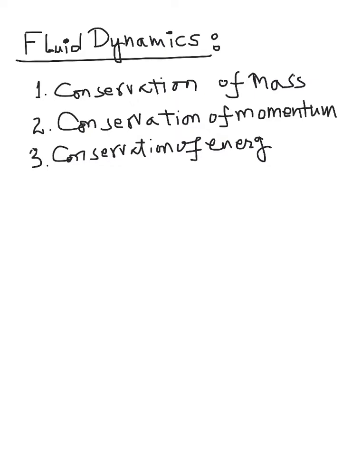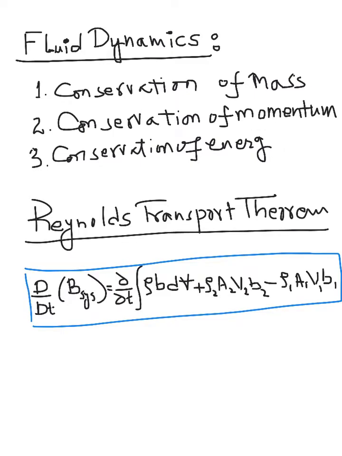Now in order to derive the equations for these laws, we need a mathematical framework, and that is commonly known as Reynolds transport theorem. This is the statement of Reynolds transport theorem.